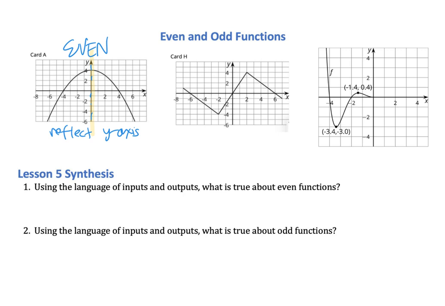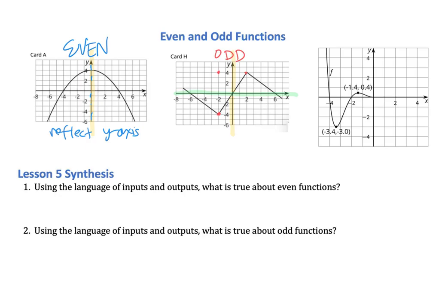For our second one, hopefully you remember that there are two lines of reflection for an odd function. This is indeed an odd function. We are going to reflect over both the y-axis and the x-axis. This point here is going to reflect over the y-axis, and then over the x-axis.